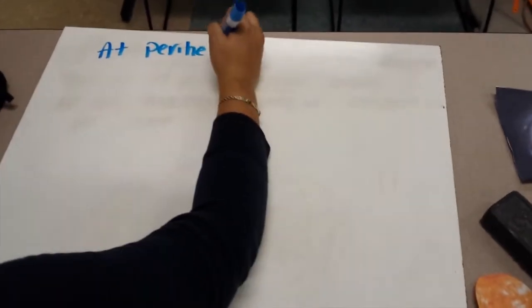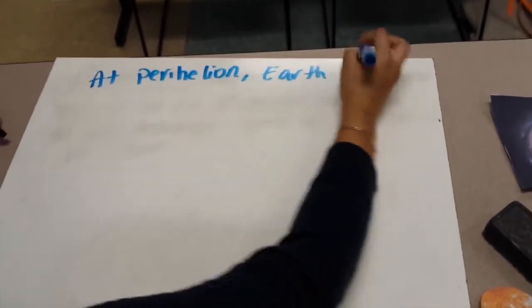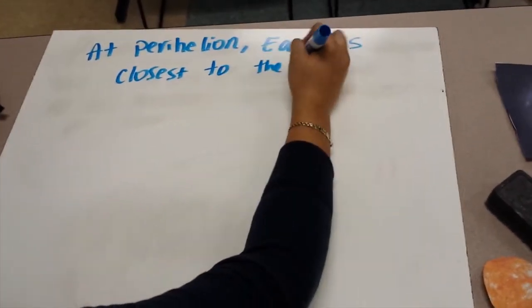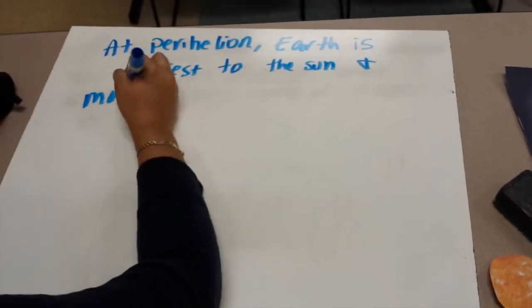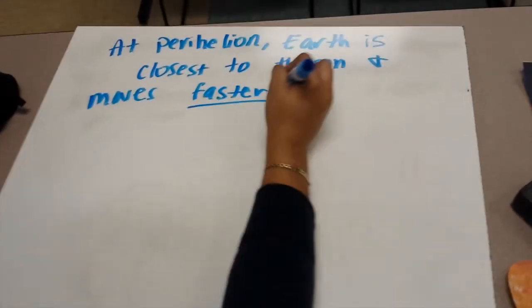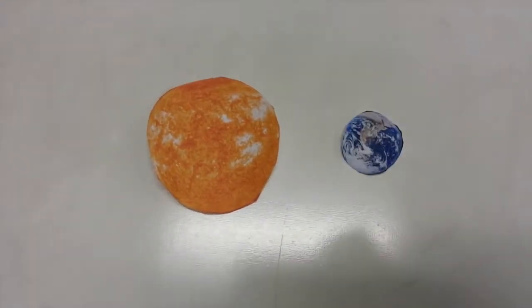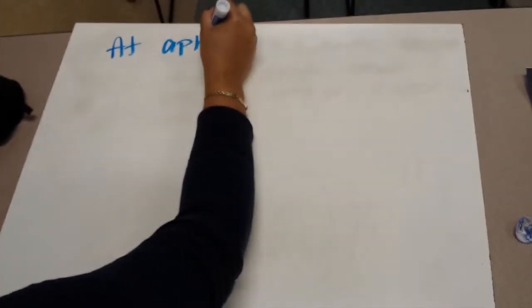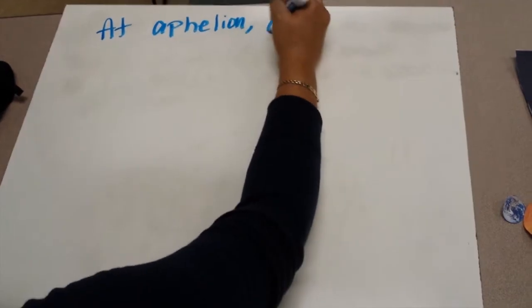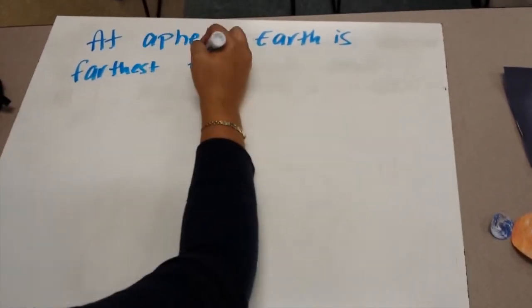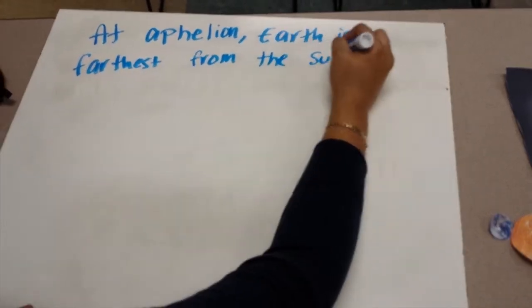And at perihelion, that is when the Earth is closest to the sun, which means that it's going to be moving faster. And you see how it's moving a lot faster. And aphelion is when it's farther from the sun, and that means that it's going to move a lot slower than at perihelion.